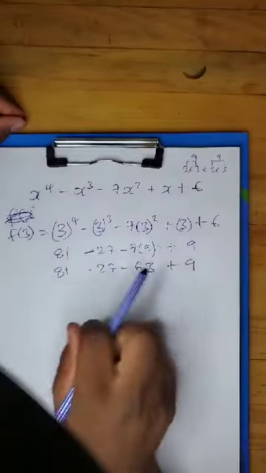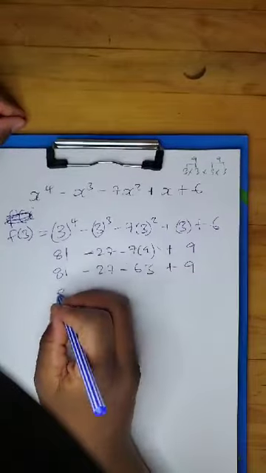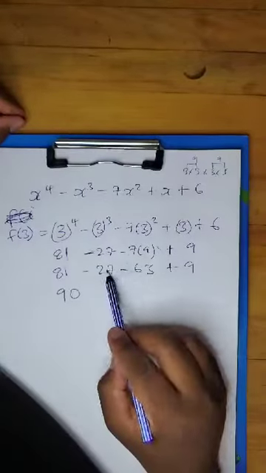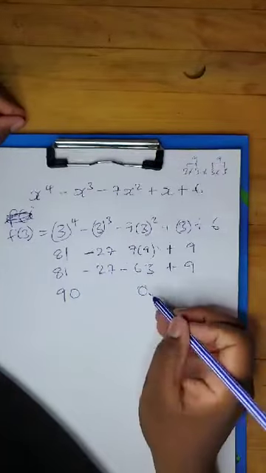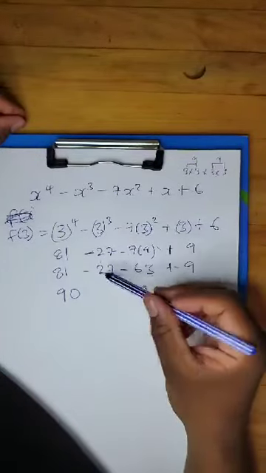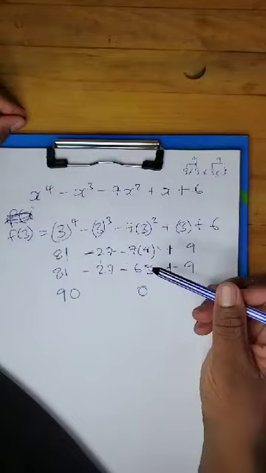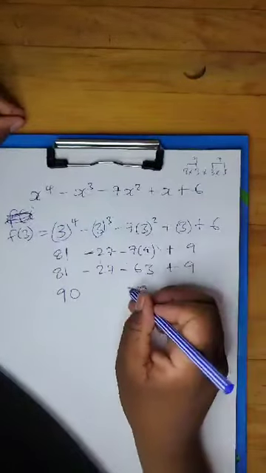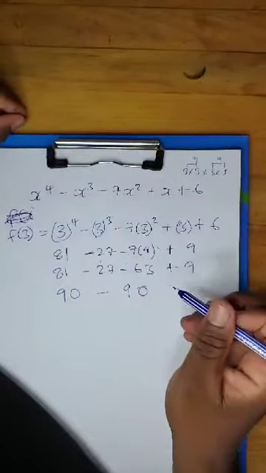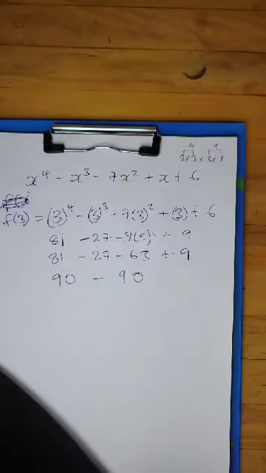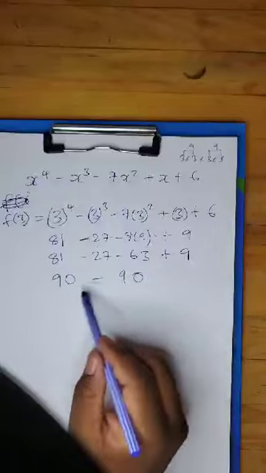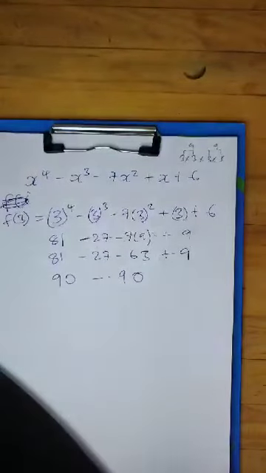81 plus 9 gives us 90. 27 and 63: 7 and 3 give us 0, remainder 1. 6 plus 2 is 8, plus 1, 9. So 90 minus 90, what does that give us? I failed to calculate this one, so I need your help. What is 90 minus 90?